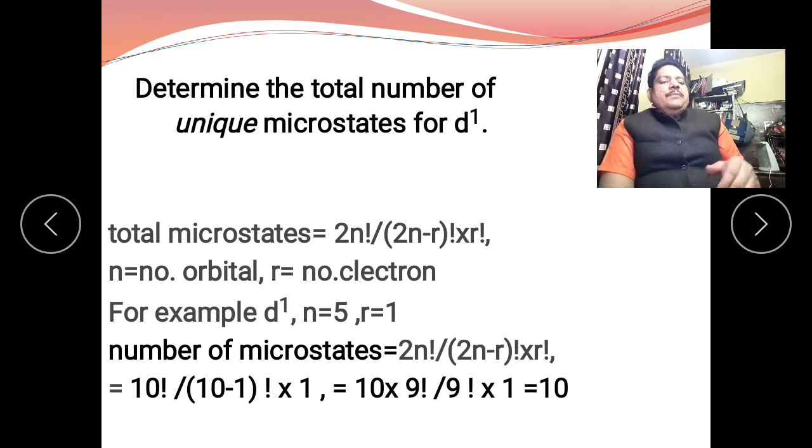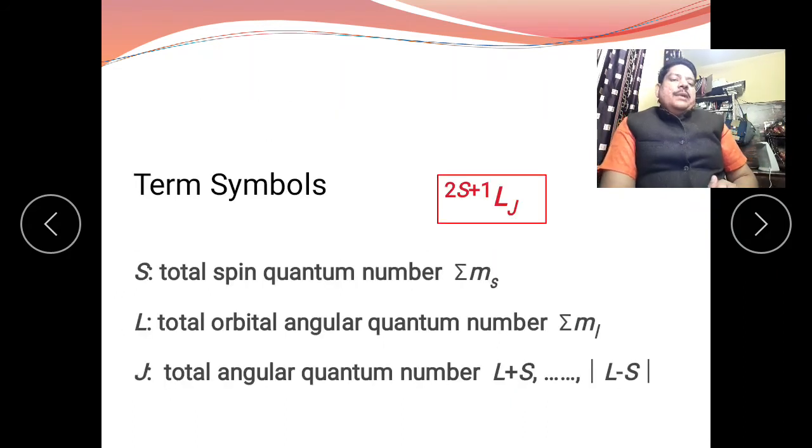And similarly we can also consider different types of electronic configurations and the total number of microstates. Now another term is what? Term symbol.